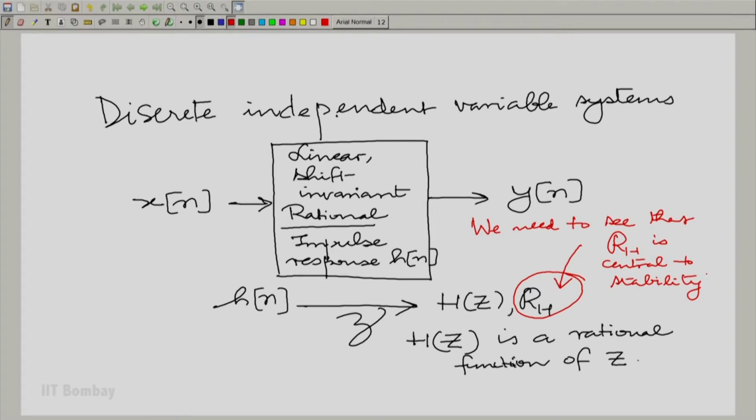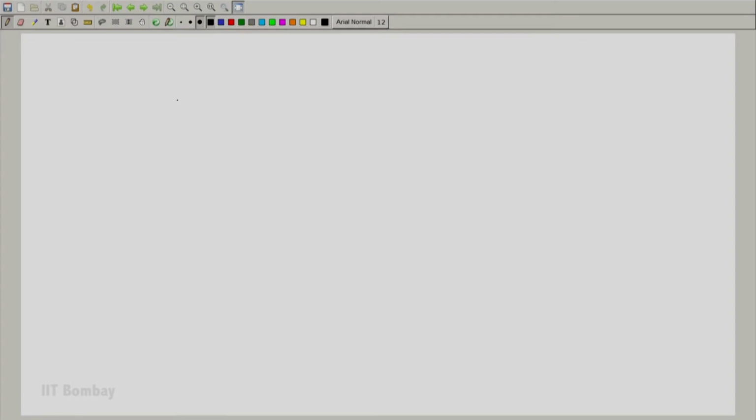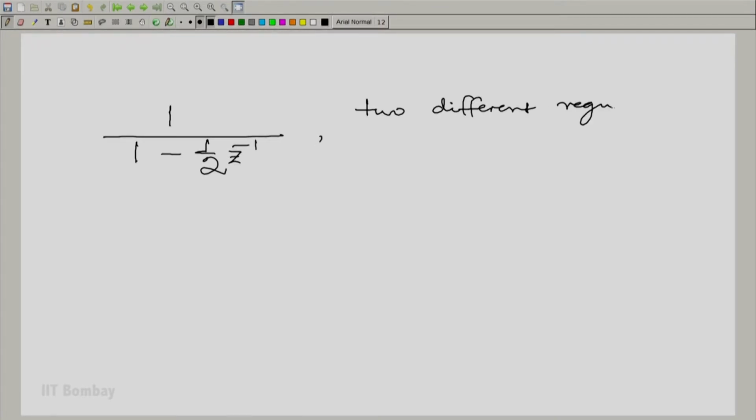So, towards that analysis, let us take an example, as we did for the continuous independent variable case. Let us take the example of 1 by 1 minus half Z inverse with two different regions of convergence. In fact, we know how to put these regions of convergence down.